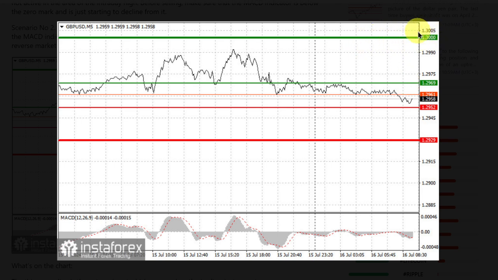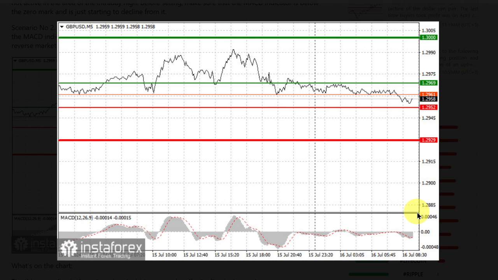Around 1.3000, you could plan to exit the long positions and sell the pound in the opposite direction, counting on a movement of 30-35 pips from the level. We don't expect the pound to rise in the first half of the day. Before buying, make sure that the MACD line is above the zero mark and is just starting to rise from it.